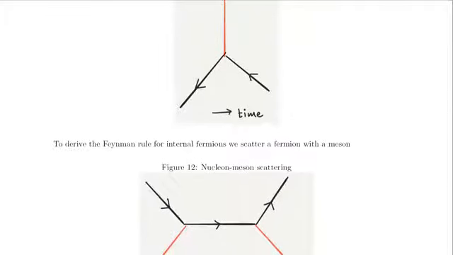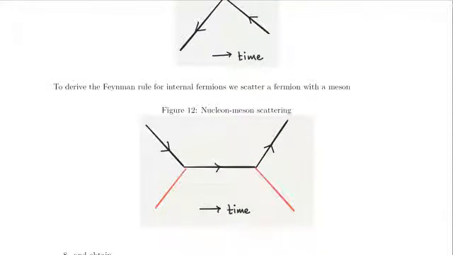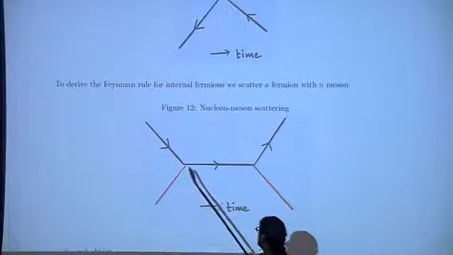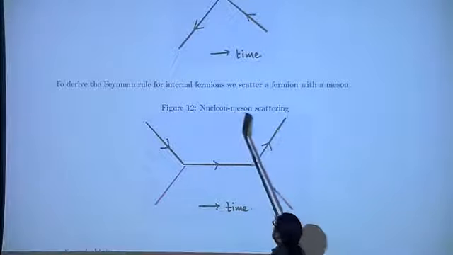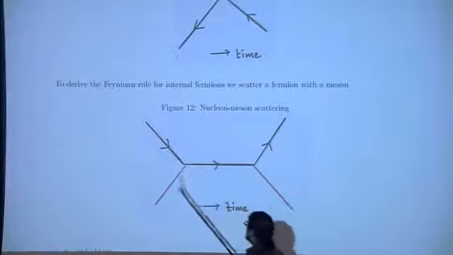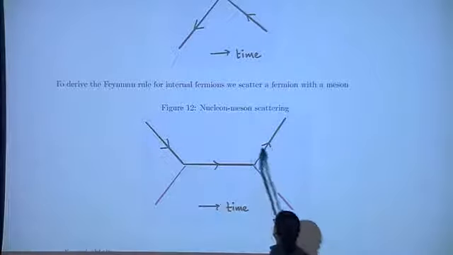To derive the Feynman rule for an internal fermion, there is no internal fermion in this case. We have to work out the process that involves a nucleon-meson scattering. So a nucleon coming in, scattering with a meson, and going out.